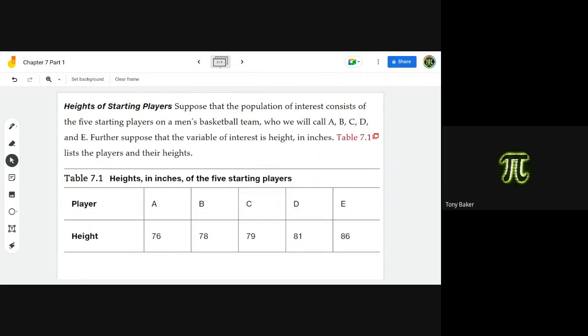So we've got 5 players. What's the mean height of those 5 players? How would I find it? Oh, add them all up and divide. Good. Find me my mean.